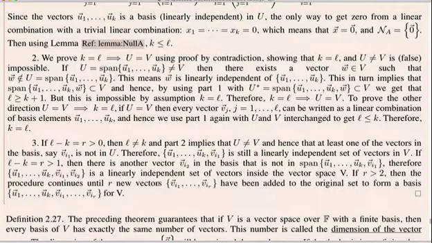Once we add r vectors, then we get that this set u1, ..., uk, vi1, ..., vir is a basis for V.